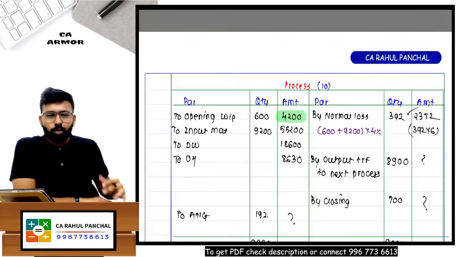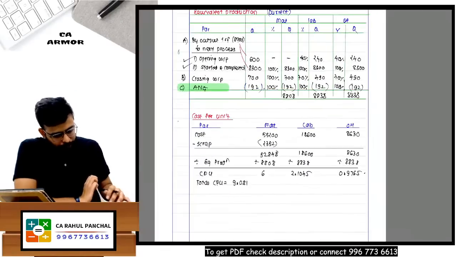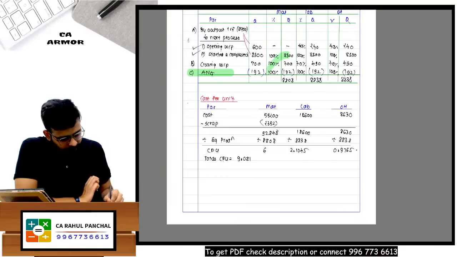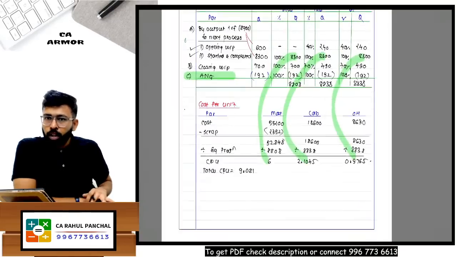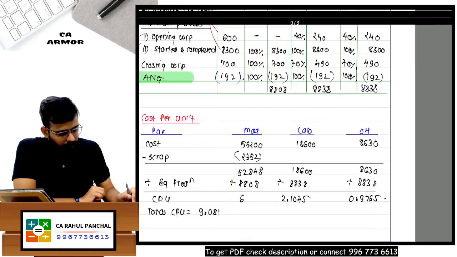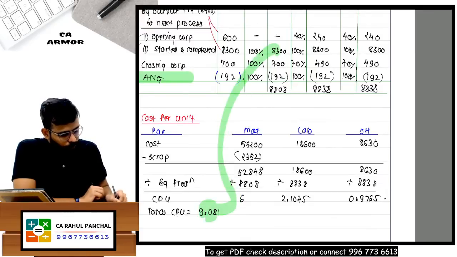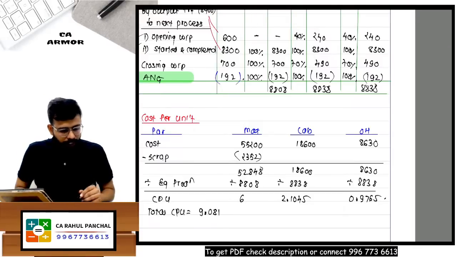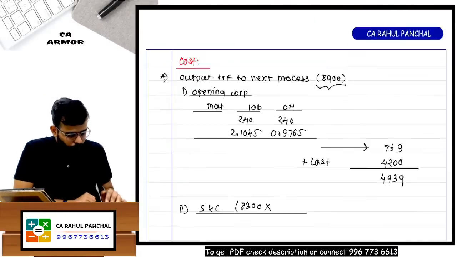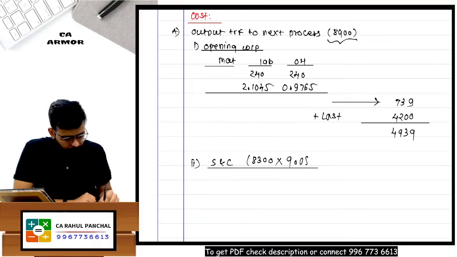What is going to be the value? If you understand the mathematics, you can do it individually: 8,300 into CPU for each. But 8,300 is common, so directly you can do 8,300 into this value instead of doing it individually. So I will do 8,300 into total CPU, which is 9.081.